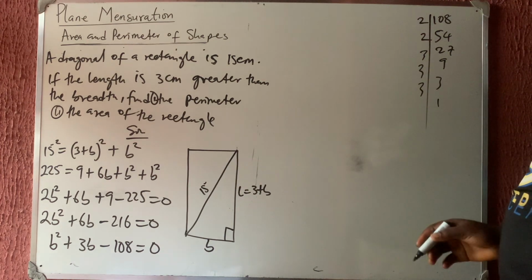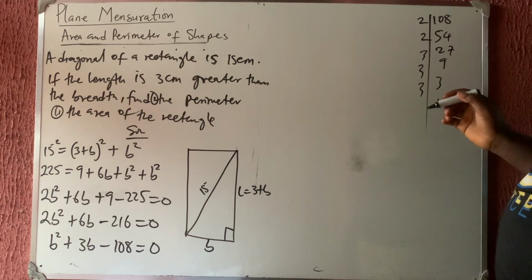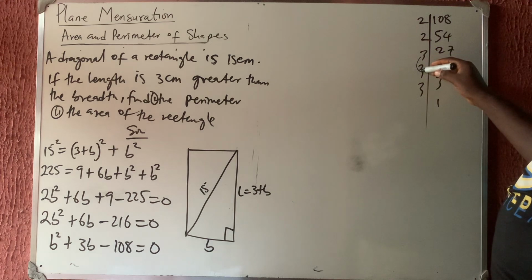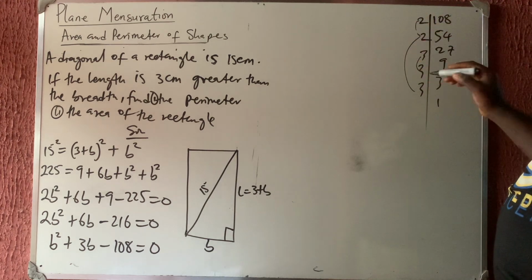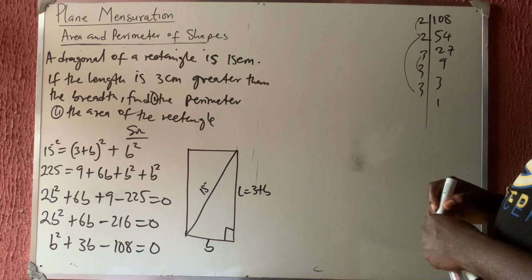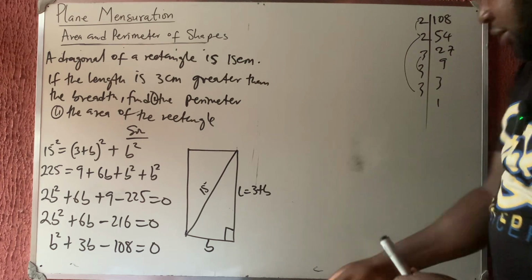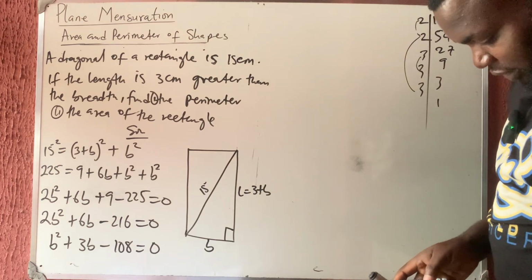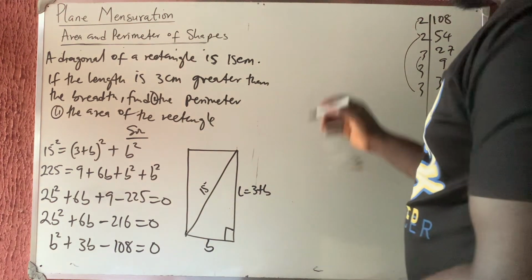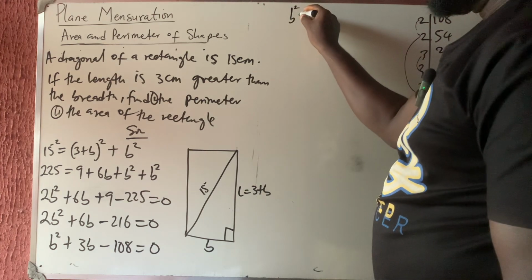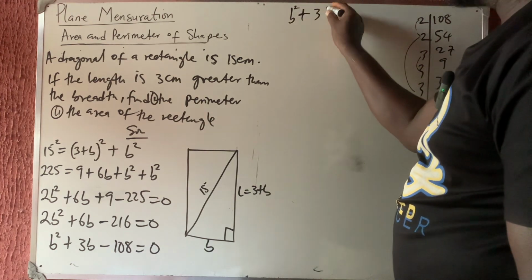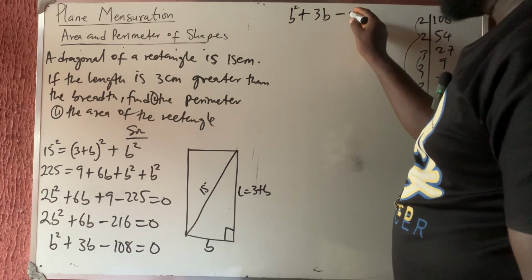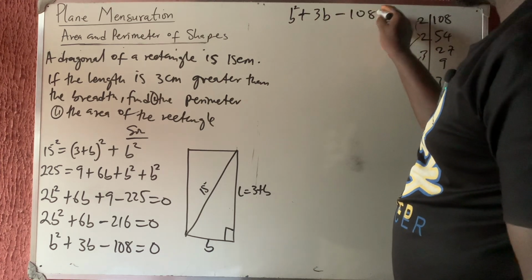How do I get 3? 3 times 3 is 9. 4 times 3 is 12. 12 minus 9 is 3, correct. So I'm having that b squared plus 3b minus 108 is equal to 0.